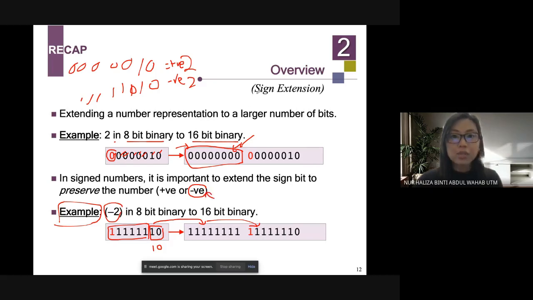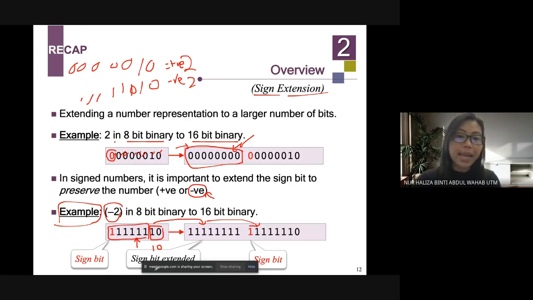But this is only for the sign extension. Sometimes you might be confused, because maybe you don't know whether this is the sign for negative or positive, or whether this is just the value, right? So it might be confusing. You can see over here, this is the sign bit, and this is the sign bit extension, the one that you need to add.